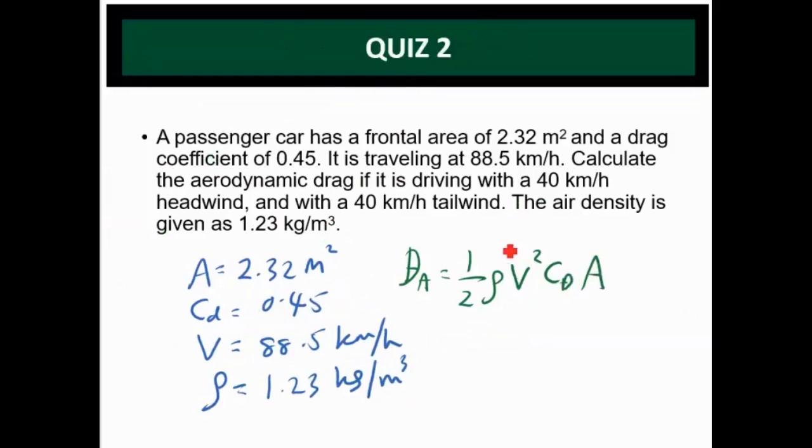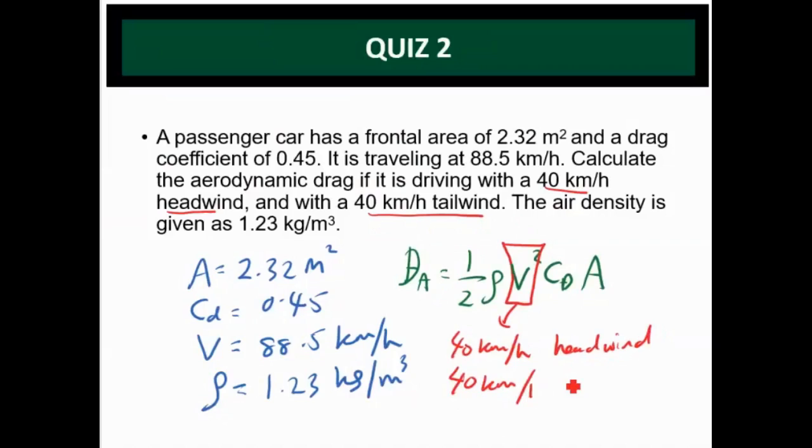But you kena be careful. Kita ada dua condition. So ada something you kena buat kat sini. Satu ialah 40 km headwind and 40 km tailwind. So apa nak buat, kan? Kita ada sini 40 km per hour headwind and also 40 km per hour tailwind.